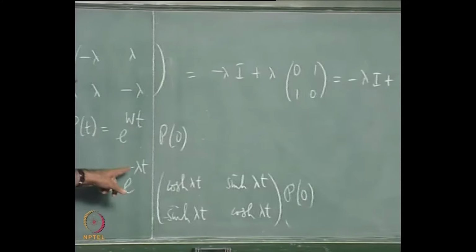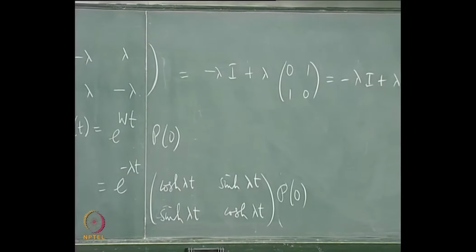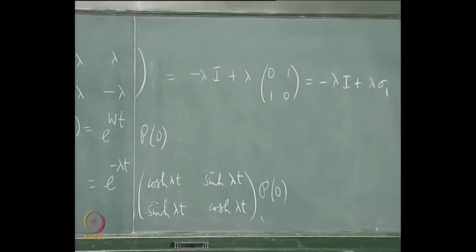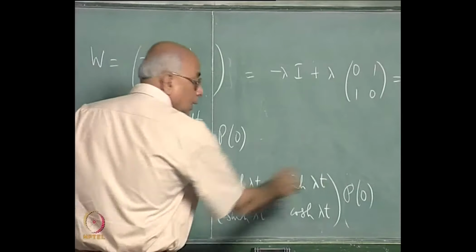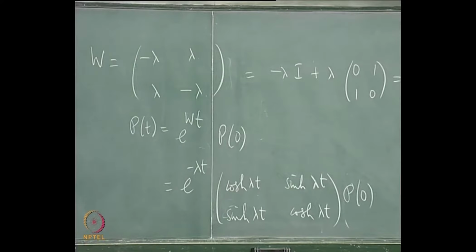e to the minus, so let us write this out explicitly, the solution. P1 of t is equal to, and P2 of t is equal to, there is an e to the minus lambda t cos hyperbolic lambda t times P of 0.